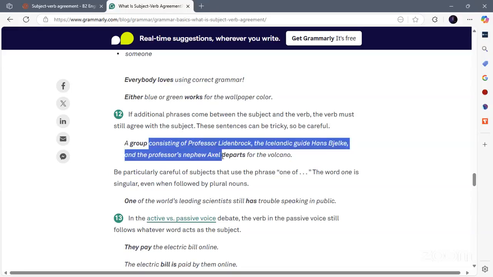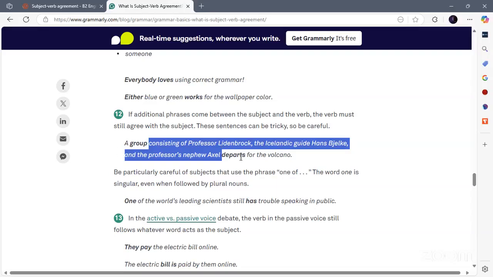If you eliminate all the components, the professor, the guide Hans Bjelke, and the professor's nephew Axel, the simple idea is a group departs.